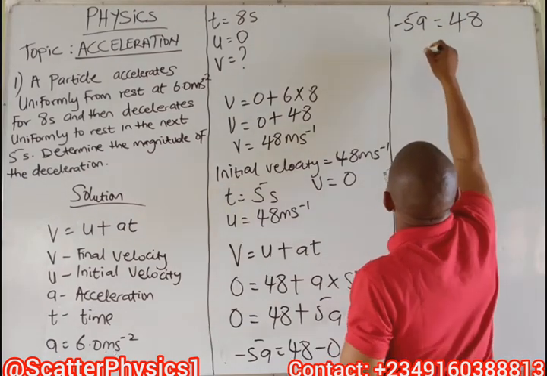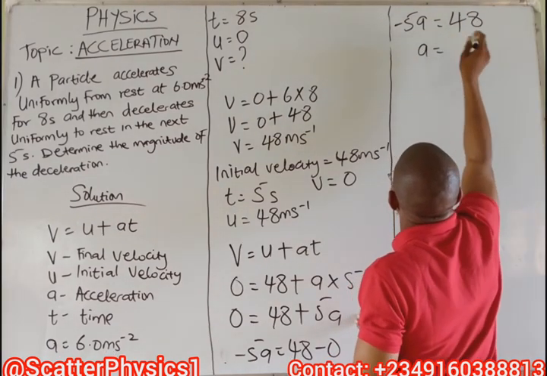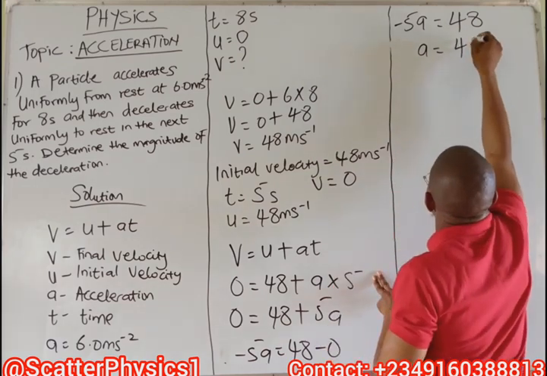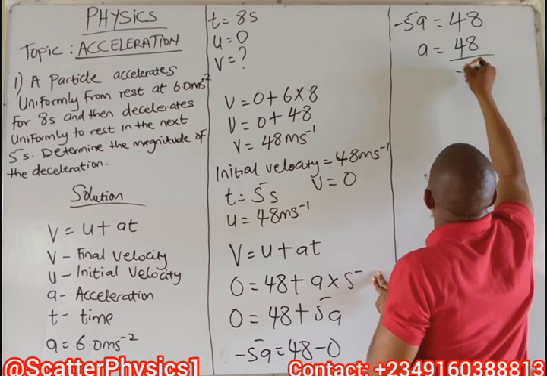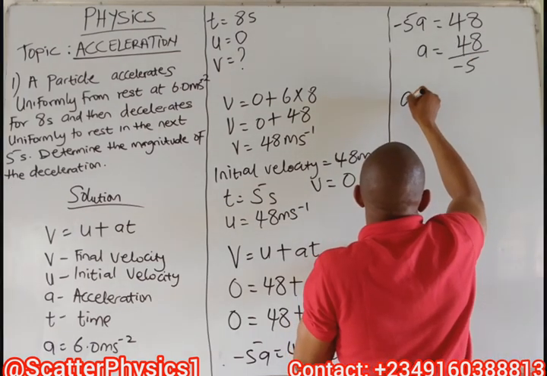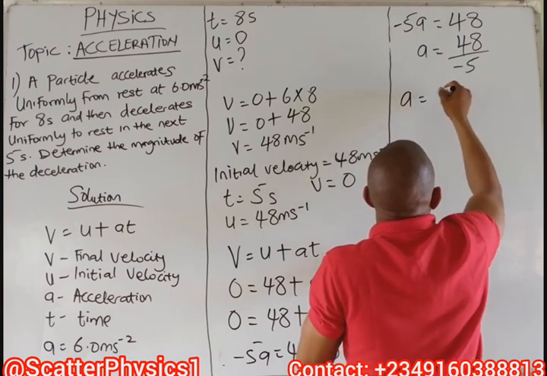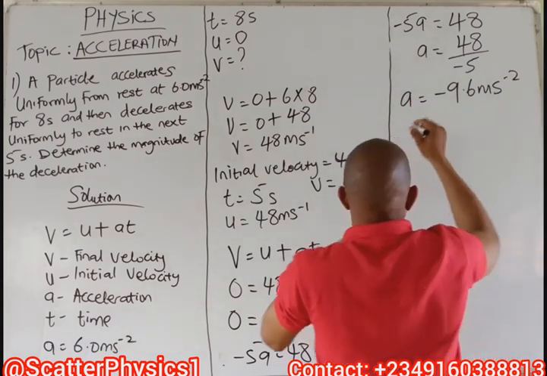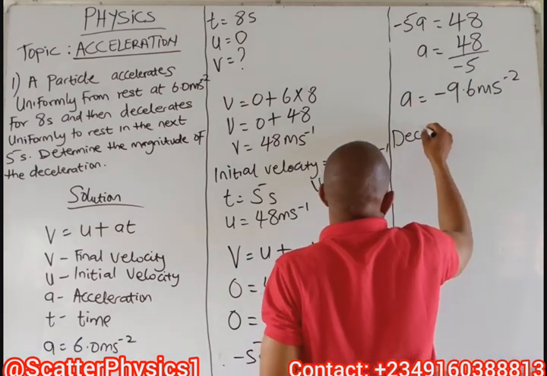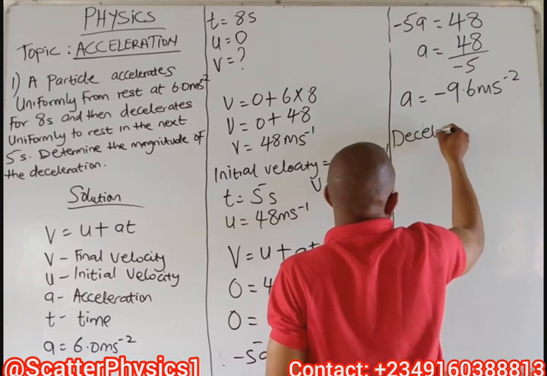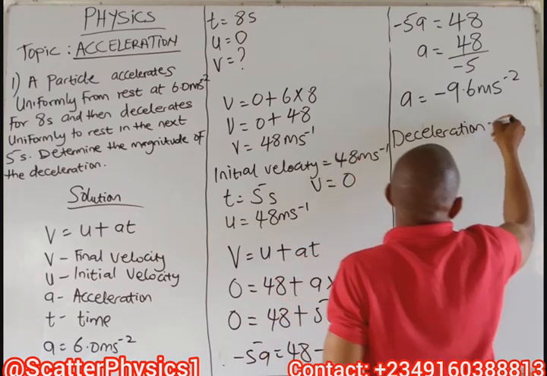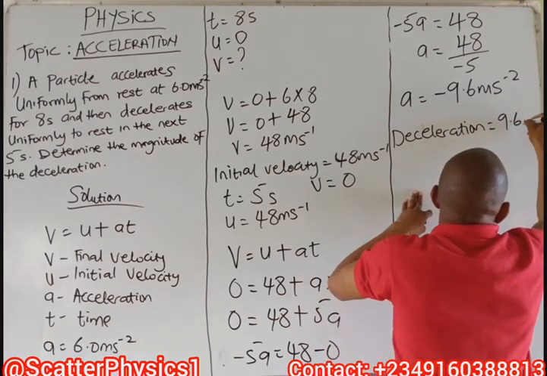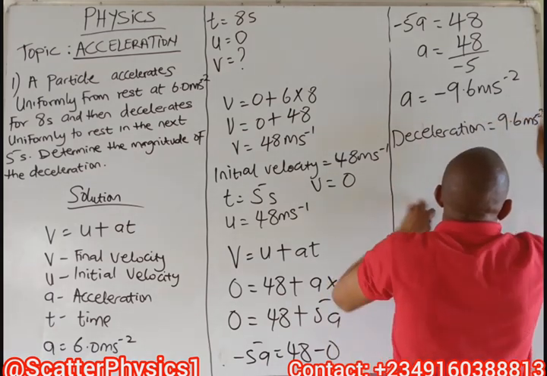We have that A equals 48 divided by minus 5. Deceleration equals minus 9.6 meters per second squared. So our deceleration equals 9.6 meters per second squared.